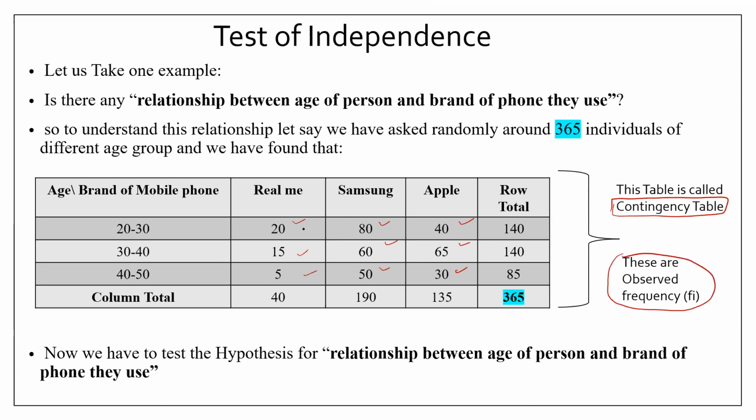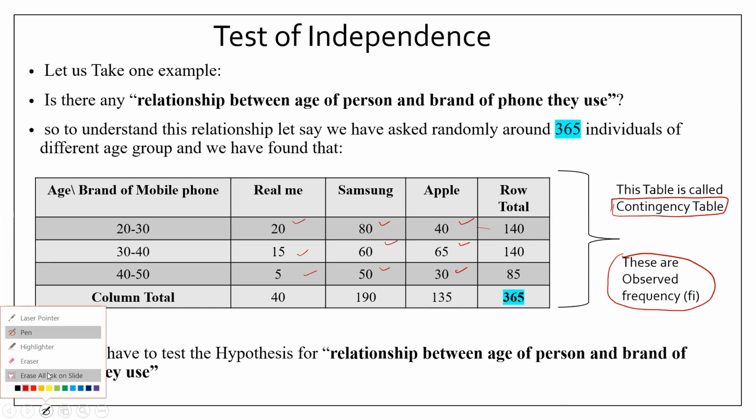I repeat once again, the data which you have collected from the sample, those frequencies are your observed frequencies. People have told you which age group uses what kind of brand phone, so these are your observed frequencies.